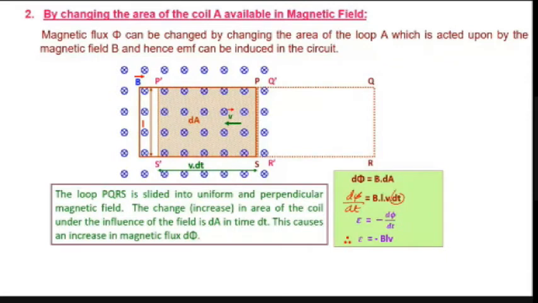There is a motion associated. So this EMF is induced due to the motion of the coil. Therefore, this induced EMF is also called motional EMF. So the expression for motional EMF is E equal to minus BLV.